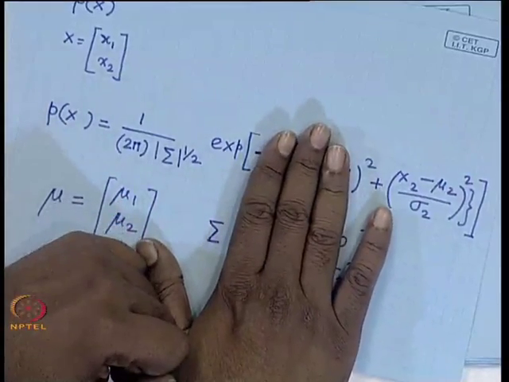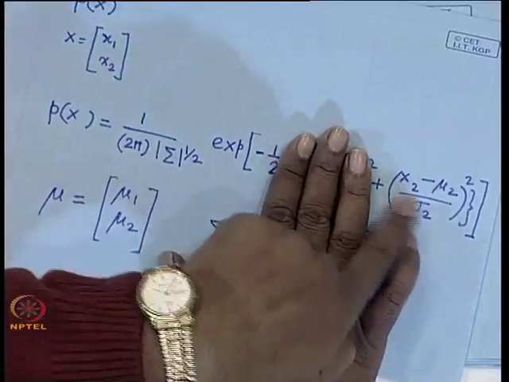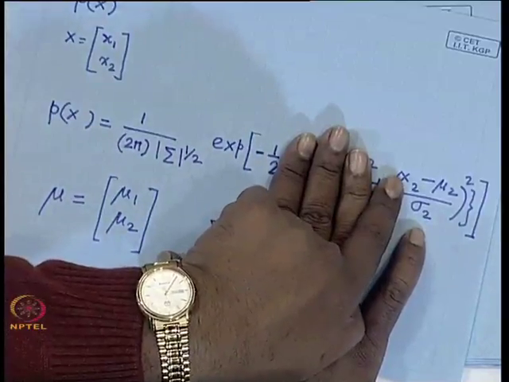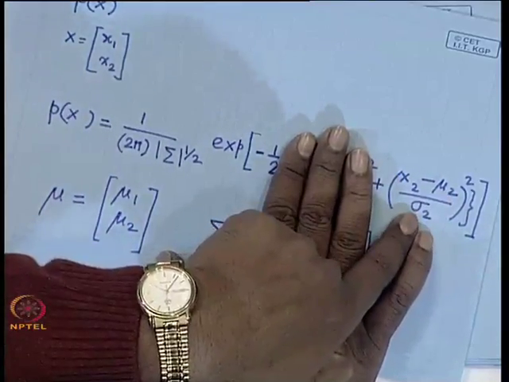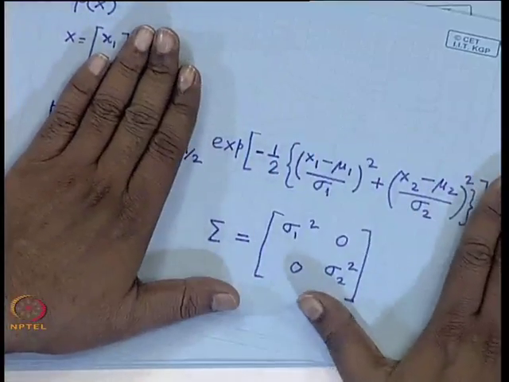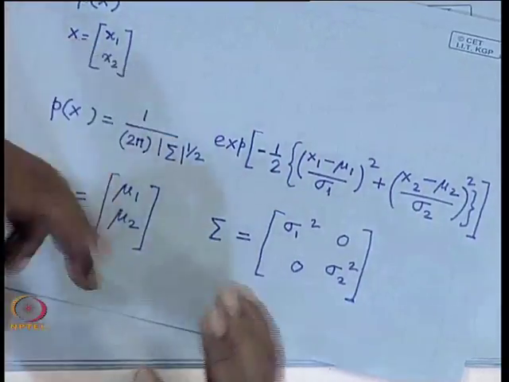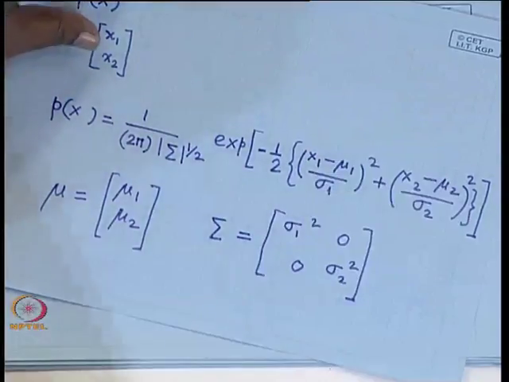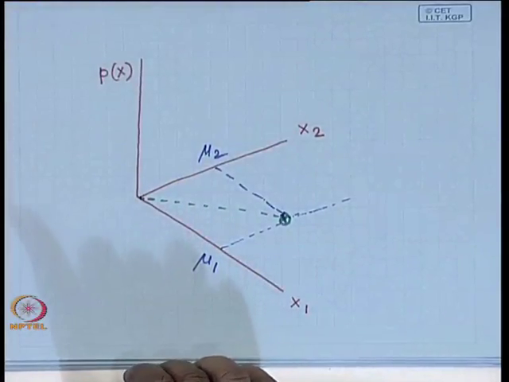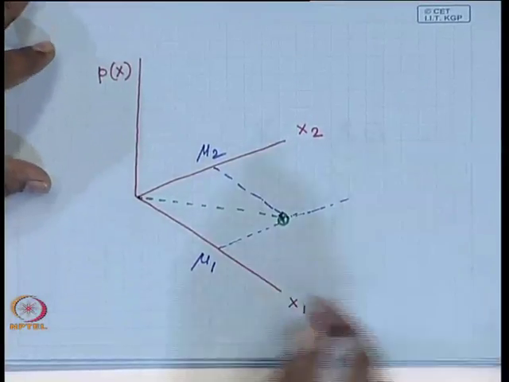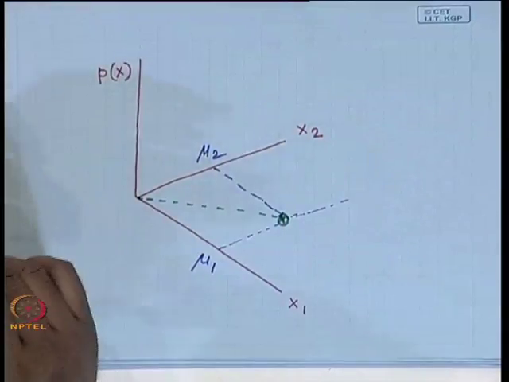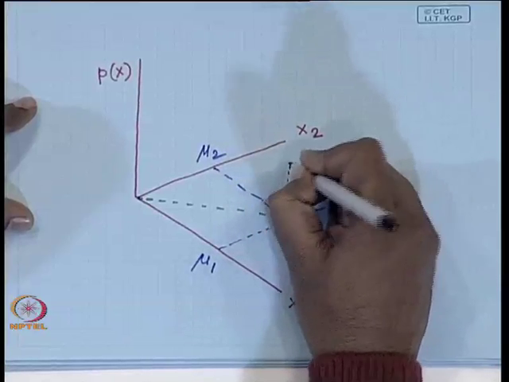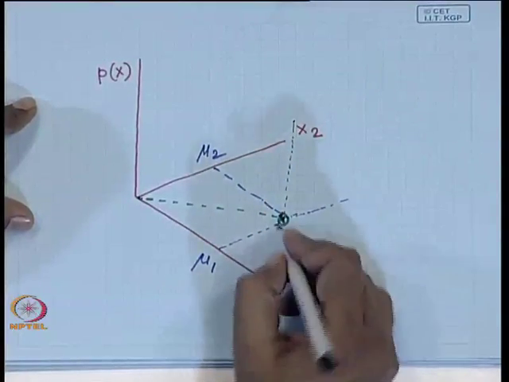When I consider only the second, it becomes a normal density along the x 2 direction with mean value mu 2 and standard deviation sigma 2. So, this overall exponential term is actually a product of two normal density functions, or two Gaussian density functions. If I plot this in these two dimensions, I will have something like this. I will have a peak of the density around this mean value mu.